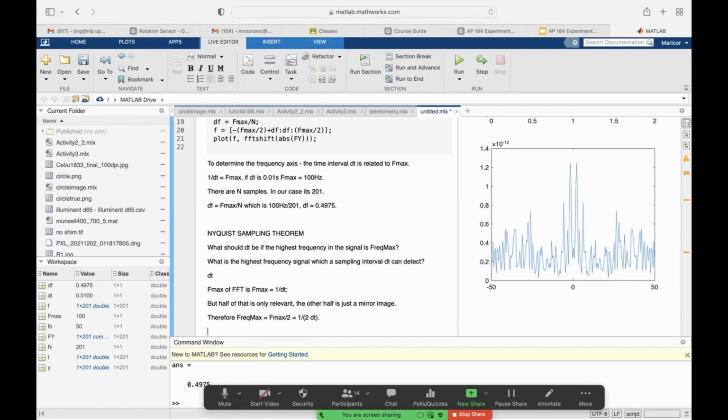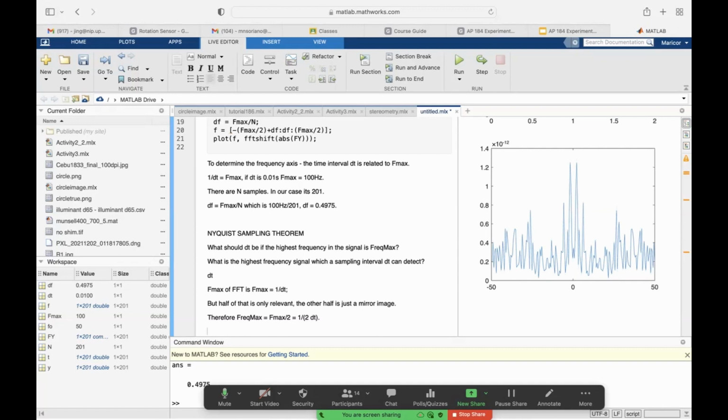Okay? Anong ibig sabihin nito? Kapag ang sinet mo na sampling interval dt sa iyong Arduino ay 1 second or 1,000 milliseconds, anong ibig sabihin nito?